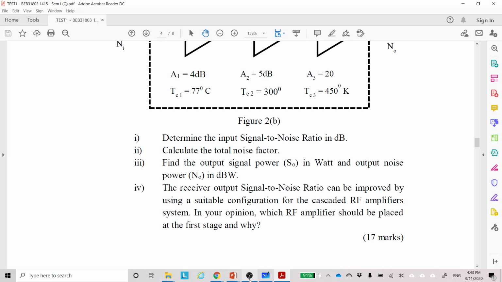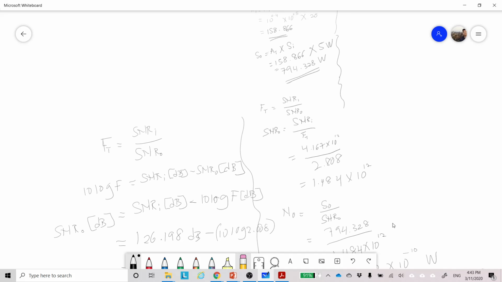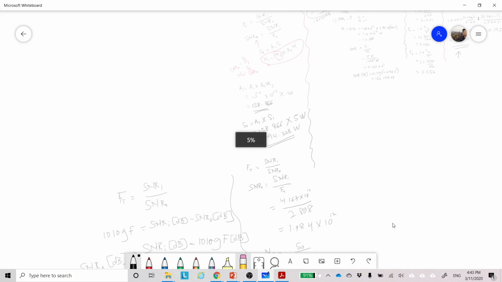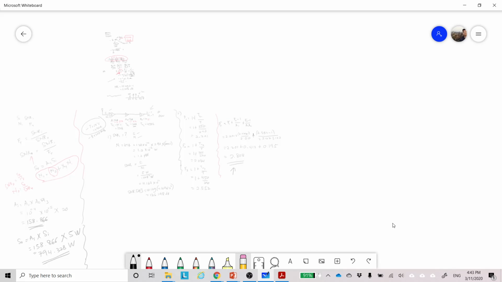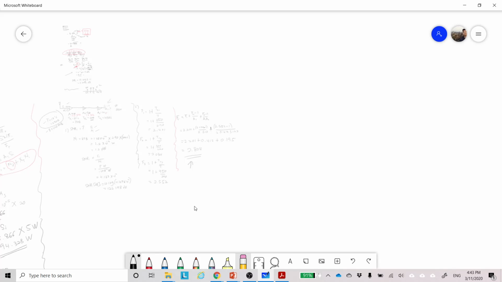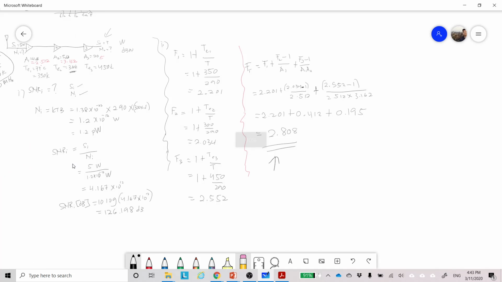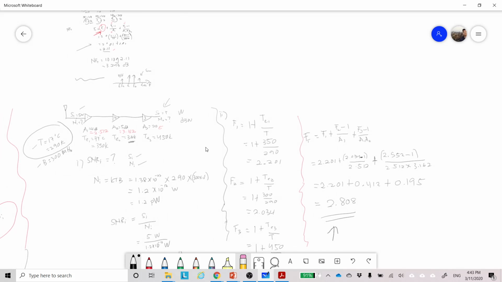So kita lihat dia ni. Soalan tanya macam mana kita nak kurangkan nilai noise factor dengan cara mengubah susunan amplifier.